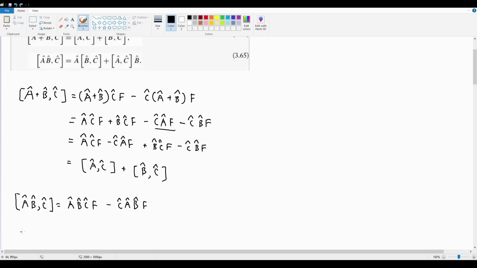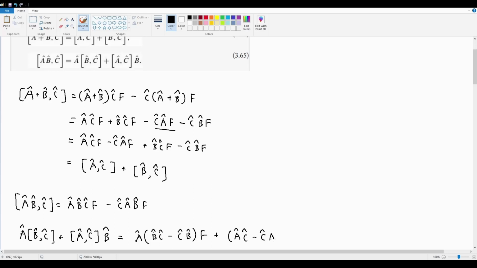So if we do it that way, a hat, b hat c hat commutator plus a hat c hat commutator and then b hat, like this, is equal to a hat acting on b hat c hat minus c hat b hat f, and we're adding a hat c hat minus c hat a hat, b hat acting on f.